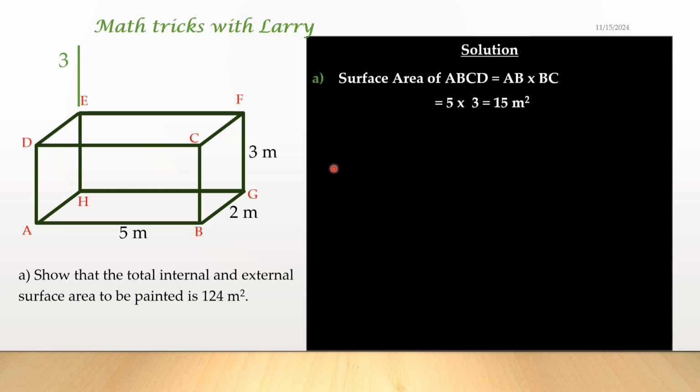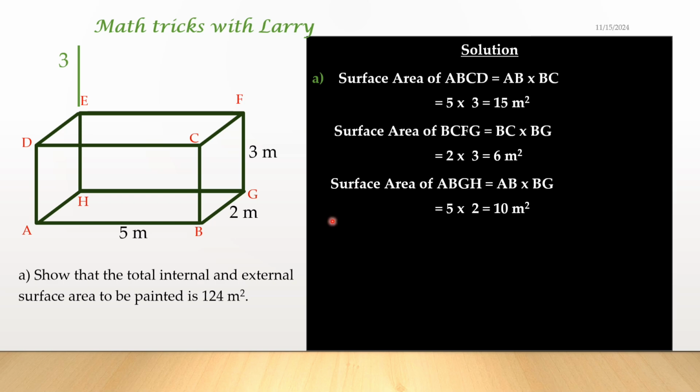Now, if we look at the side BCFG, the surface area will be BC times BG, which is 2 times 3, and that gives us 6 square meters. Now, if we look at the bottom or the top of that cuboid, we will get the surface area of ABGH, which is the bottom, as 10 meters squared.